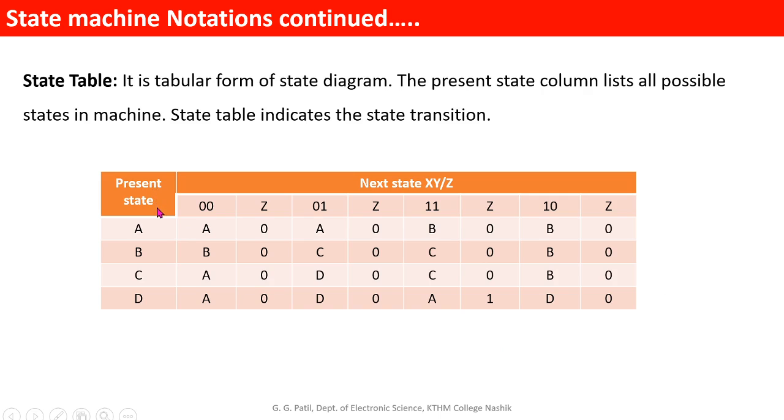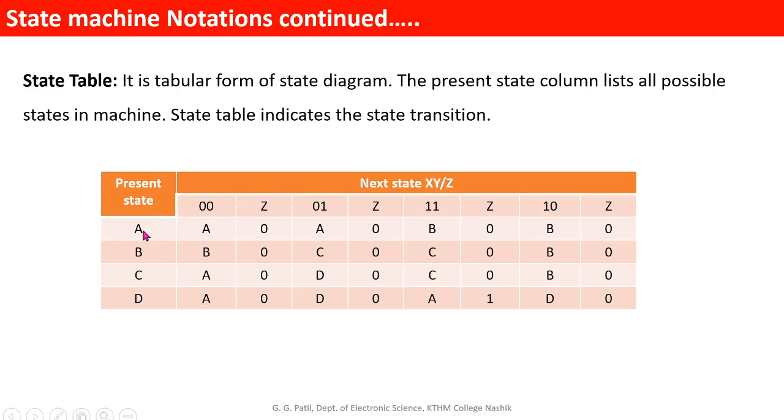It contains the present state, so the number of states that the state machine has are listed here, and the next state and output. The next state is shown by these two letters xy, and the output is shown by letter z.